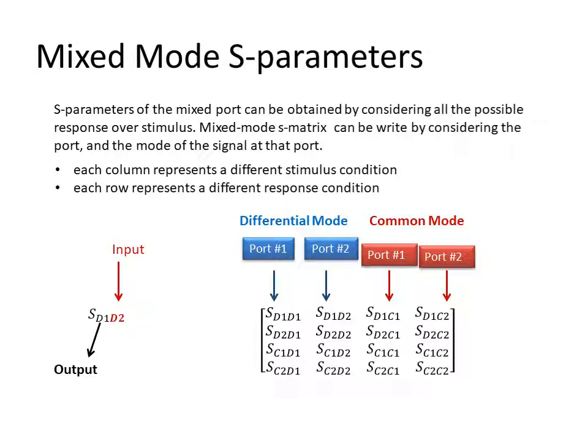Similarly S11 is the return loss, S12 and S21 both are called insertion loss. But if it is written S21, it means it is the forward traveling wave, and S12 is the reverse traveling wave. So please remember these nomenclatures.